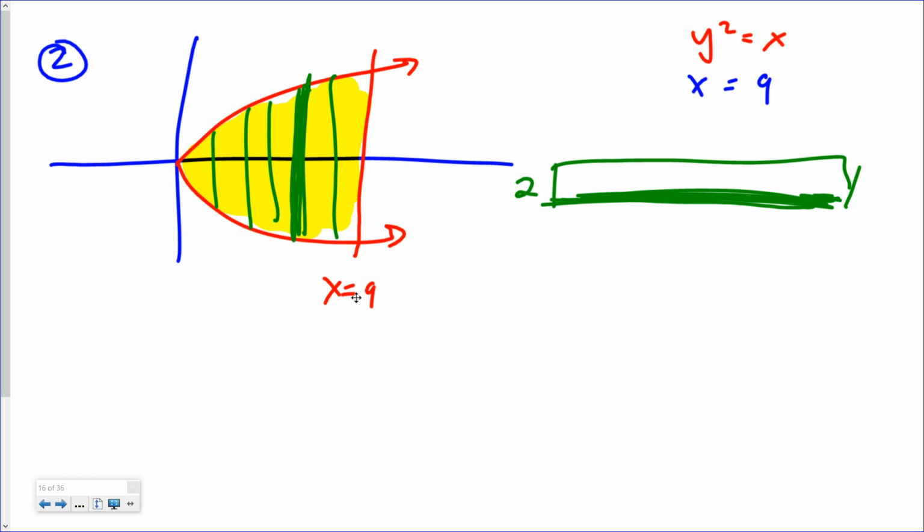Well, let me pull it out for you. What is the length of a line that looks like this? Y minus y. What's this top y up here? You guys okay with that? What's this bottom y down here? All right, so what's this length going to be?